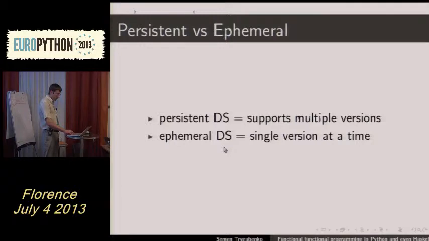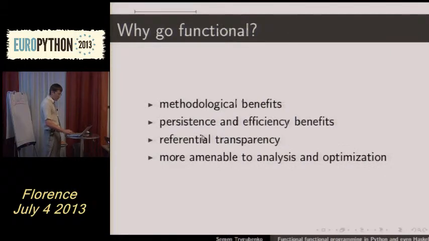These are the terms that I wanted to stress: persistent and ephemeral. When we write code in imperative land, we mostly deal with ephemeral data structures. So why do we care about functional? I've just described some of these, and I want to summarize them.